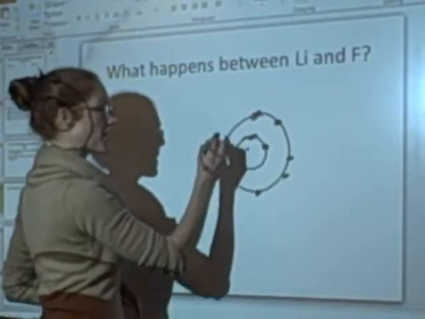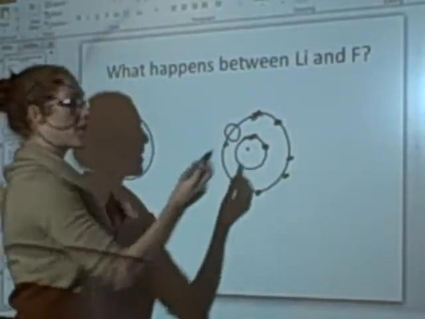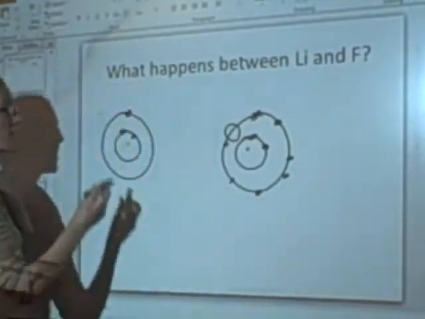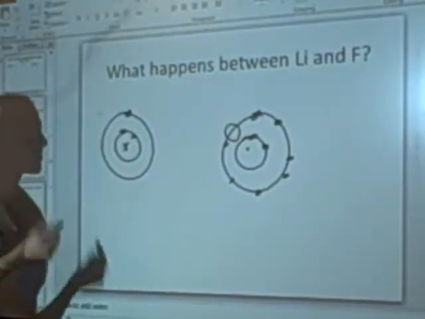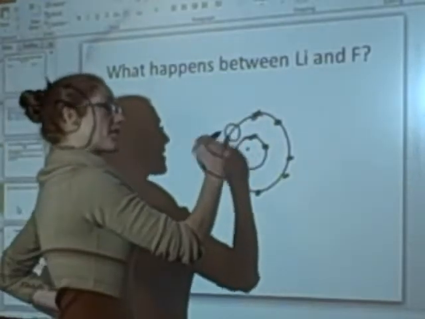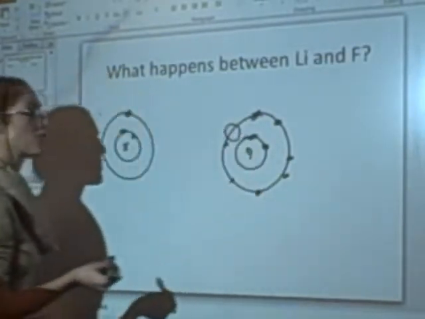Okay, so it actually has space for 1 more electron that would fit on that shell and only experience those 2 shielding electrons. So here there's this electron that's attracted to 3 protons and experiences 2 shielding electrons. Or this electron that's attracted to 9 protons and only experiences 2 shielding electrons.